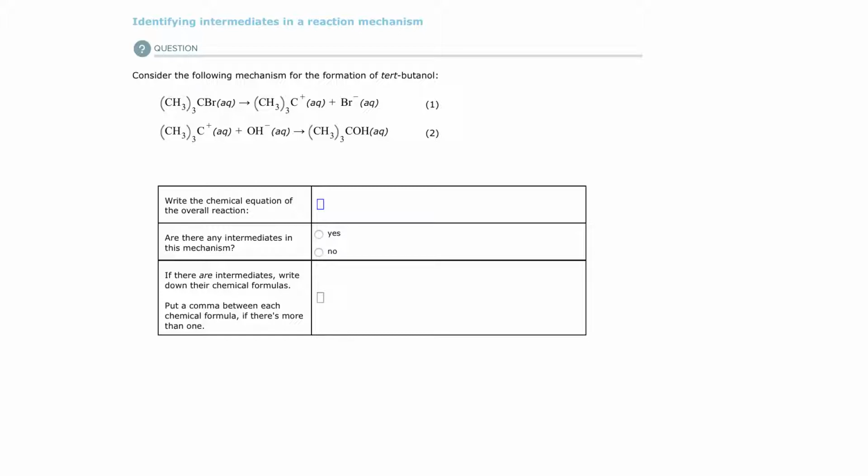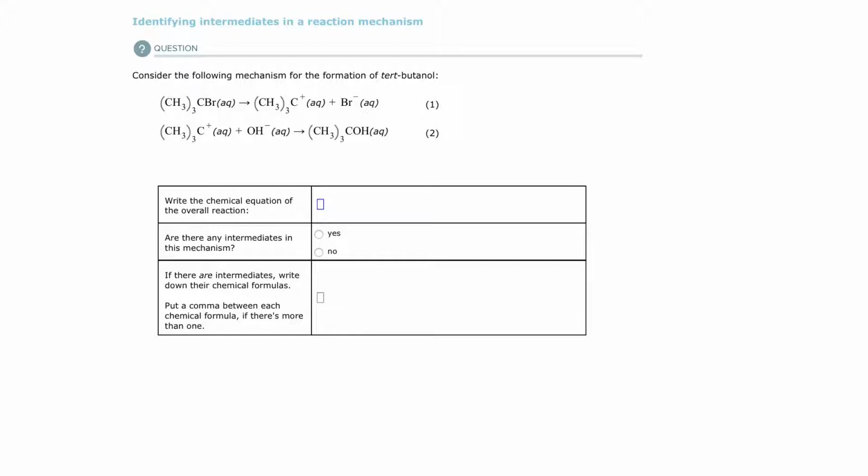When you look at the entire reaction, those intermediates just disappear. So you can identify an intermediate knowing that it's the product of the first reaction and the reactant of the second reaction, and that you don't see it ever again. You don't see it in the products at all.